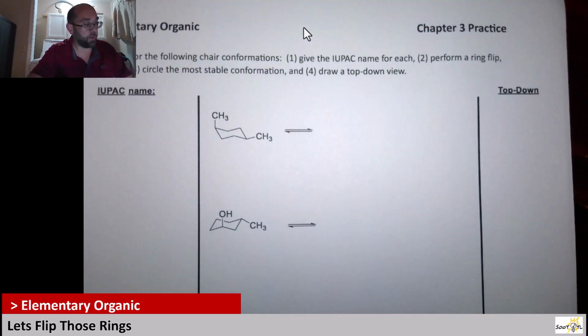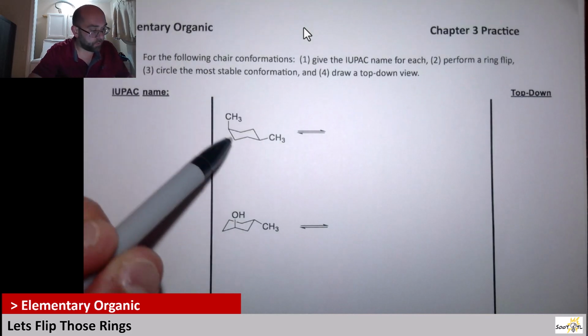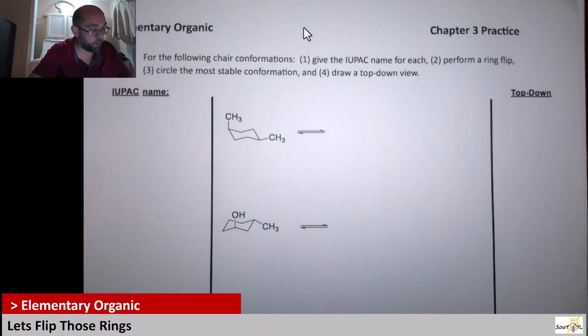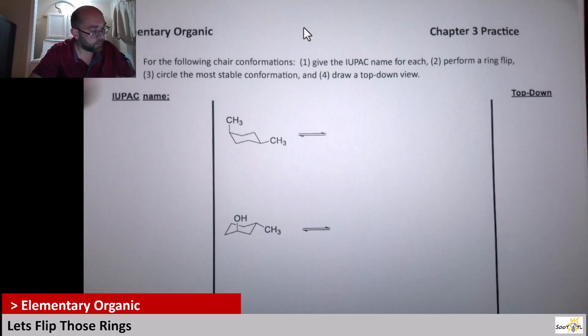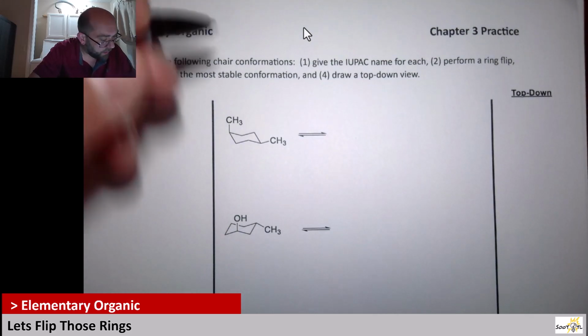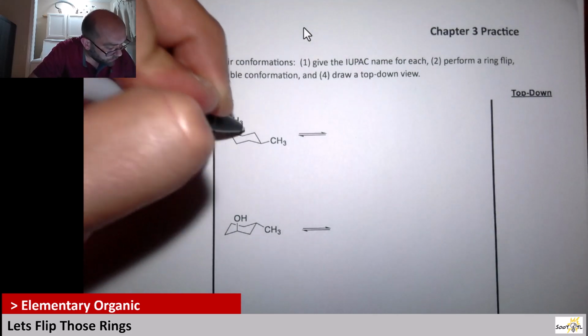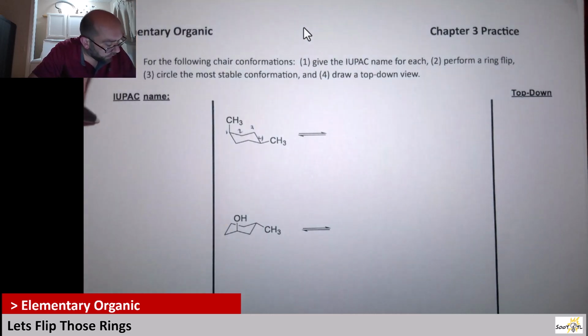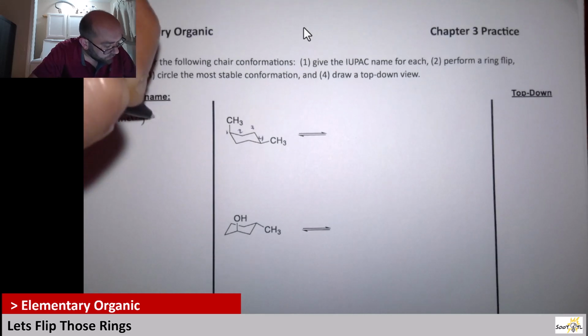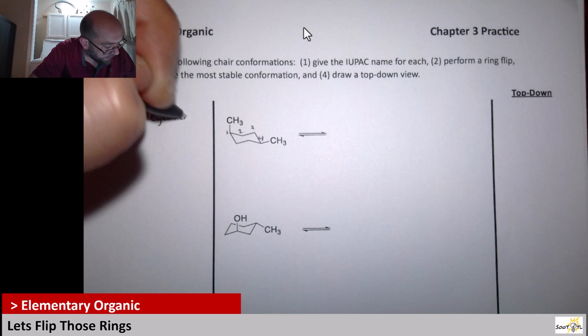Alright, so from this first one here, what would be the IUPAC name for it? Well, it's got two methyl groups on it. So we would call this based off the numbering, 1, 2, 3, 4, a 1,4 dimethyl cyclohexane.